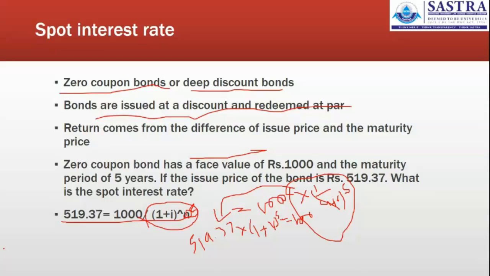So here we are going to calculate (1 plus r) to the power 5, which is equal to 1000 divided by 519. Hope you understand this. Any clarification? Please ask.